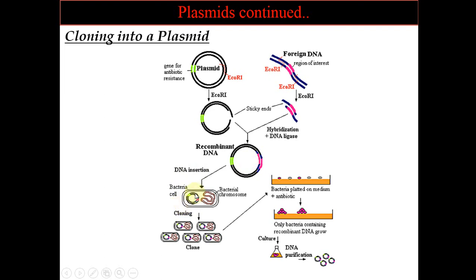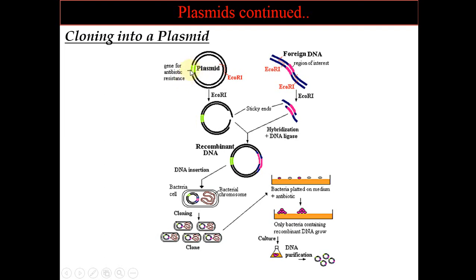Other cells won't accept this DNA. Not all the host cells accept this foreign DNA or recombinant DNA inside them. The ones which accept it are separated or isolated using this antibiotic resistance gene.